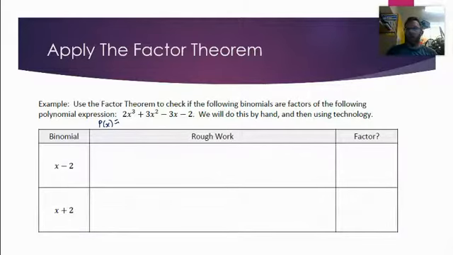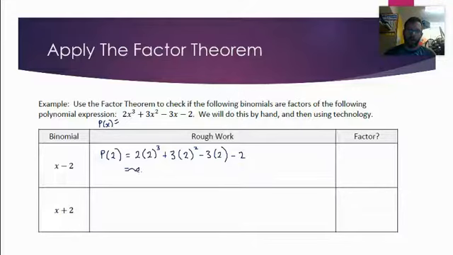If we want to know if x minus 2 is a factor of that polynomial, then we just need to evaluate the value of the function at 2. I'm going to do just the first 2 of these by hand, and then allow you guys some time to try the rest on your own. Then we'll make more use of technology throughout the rest of the lesson.